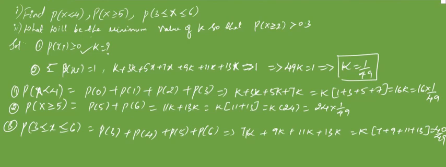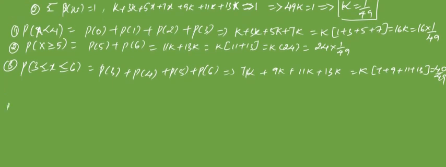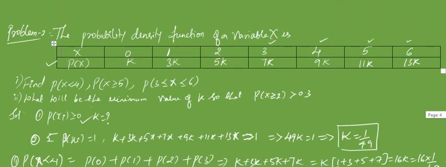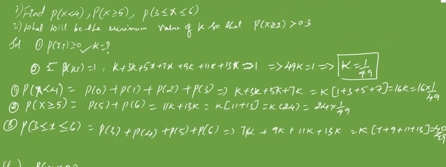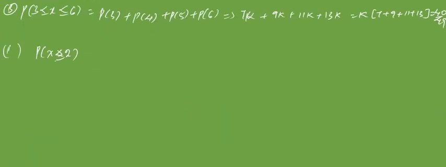Now going to the second part of this question, probability of x less than or equal to 2. Sorry, it has to be less than or equal to, whose value is greater than 0.3. So go back to the table.